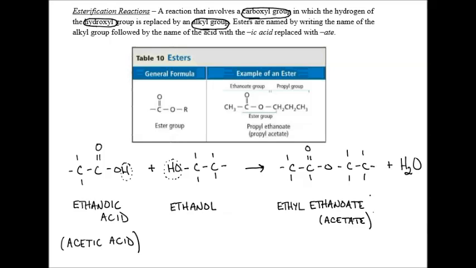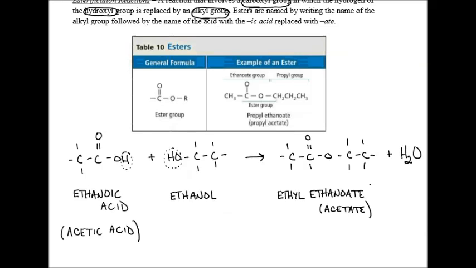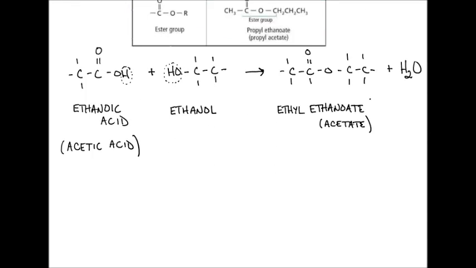So in an esterification reaction, an acid and an alcohol combine to form an ester and water. Esters, oops, I did it here too. Got to get rid of that bond.